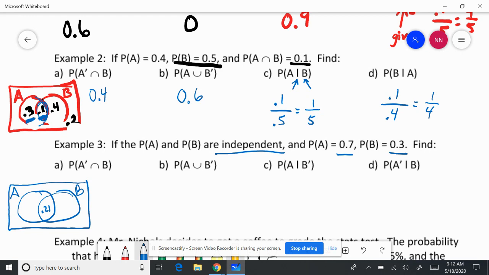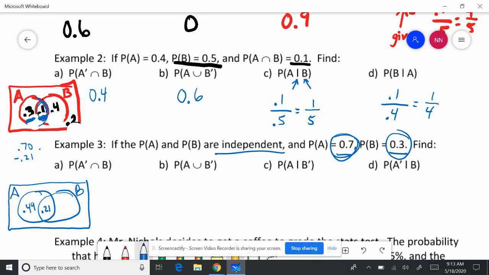Now, if that's our middle, then if A is 0.7, and we subtract 0.21 from 0.7, what we get is 0.49. And for B, it's 0.3.